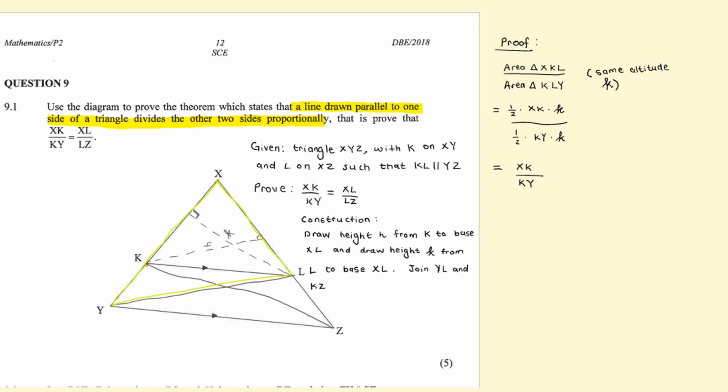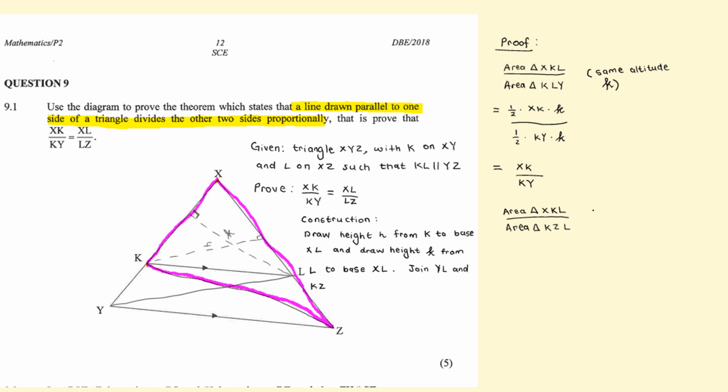Now we're going to switch over and look at the other triangle that has the same altitude. Look at the ratio of the area of triangle XKL to the area of triangle KZL.